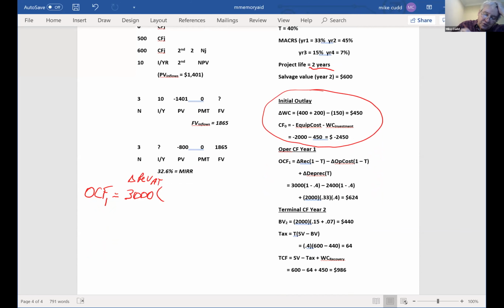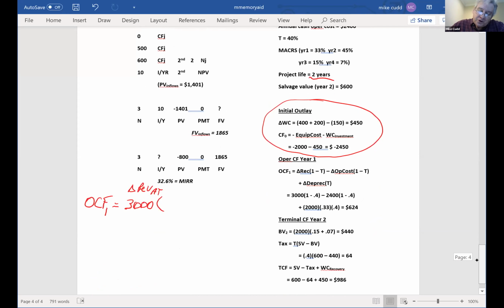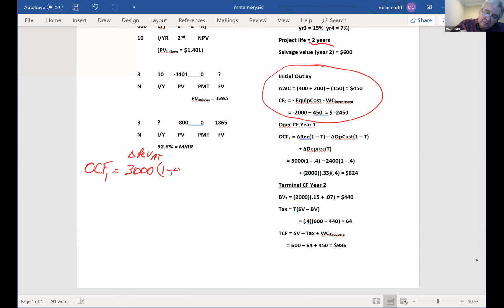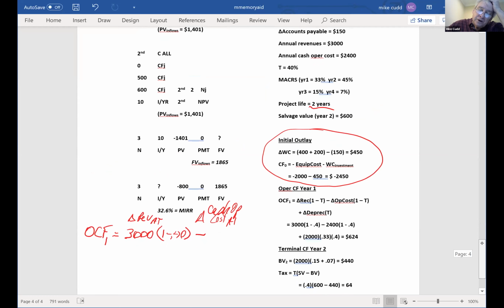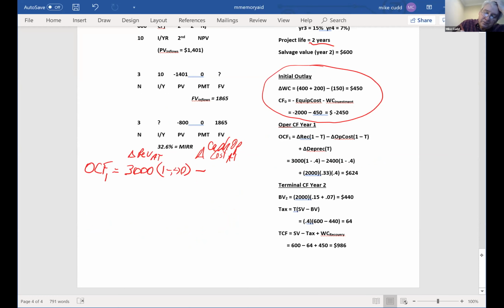I'm doing this first for year 1, and a tax rate of 40%. We would also have the change in cash operating costs after tax. We've got cash operating costs of $2,400 a year.